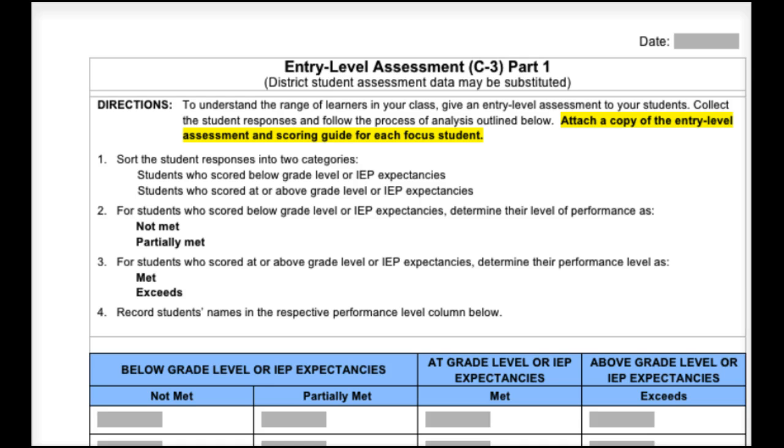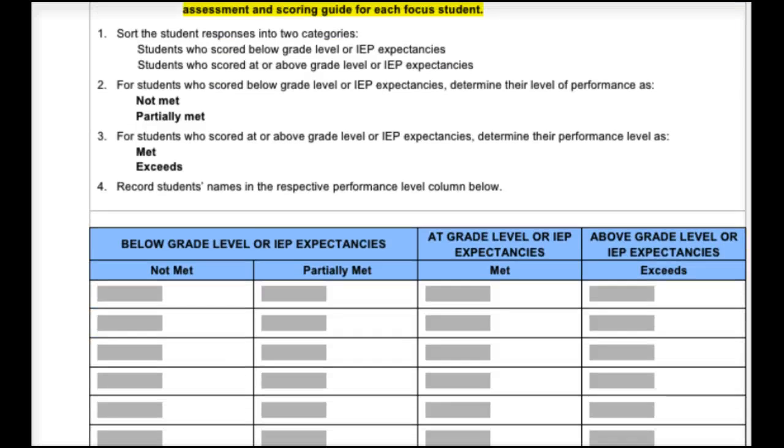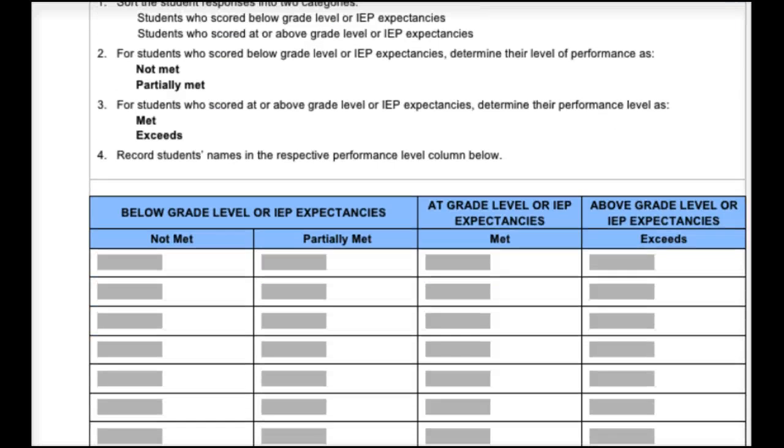These are the essential pieces of your entry-level assessment and your focus student information. Your conversations with your support provider will be those that are most critical as you develop your assessment and really look at what is meeting expectations, not meeting expectations, etc.